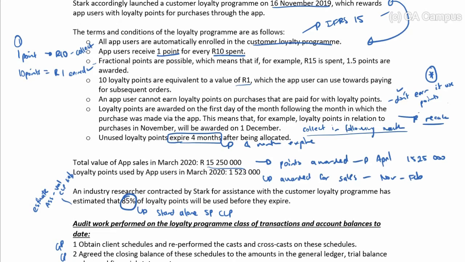So I want to go and inspect that there are no loyalty points available for points awarded more than 4 months ago.